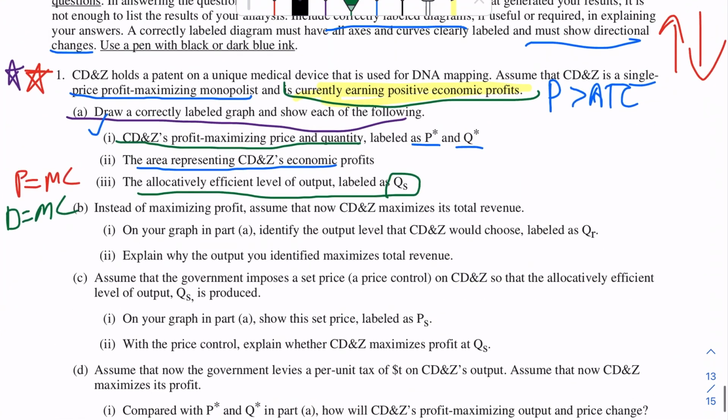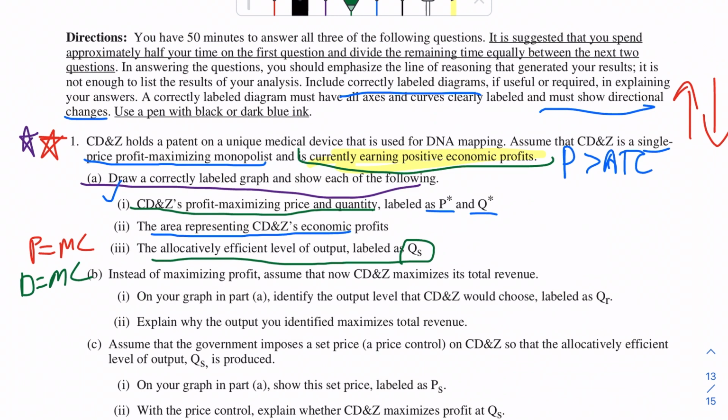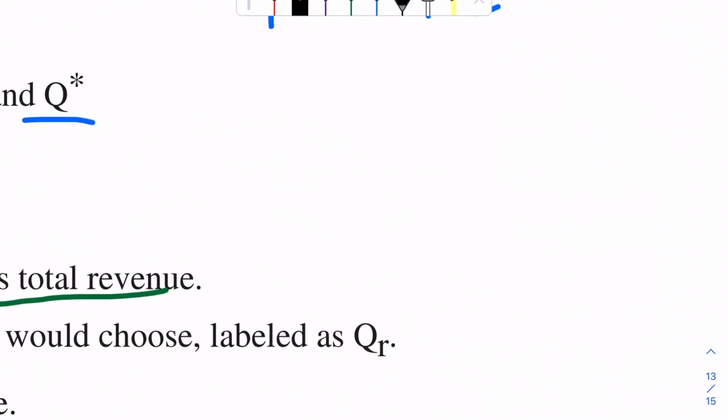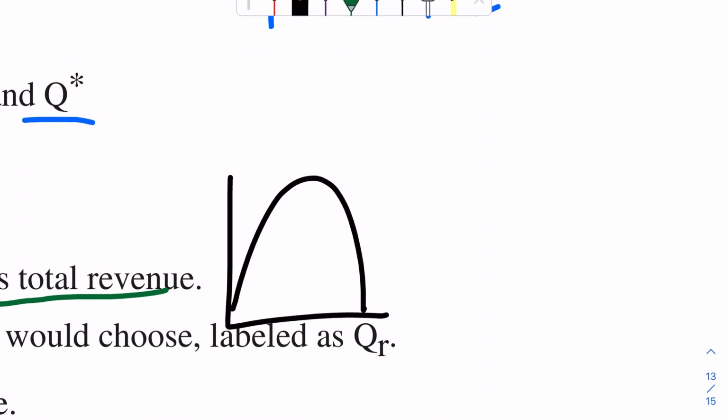Nothing special. Number two, instead of profit maximizing, now assume they maximize total revenue. If your question is, what is maximum total revenue? Remember, that looks like this. This is your total revenue, and your maximum is up here. And your maximum is whenever you're no longer increasing and you start to decrease.